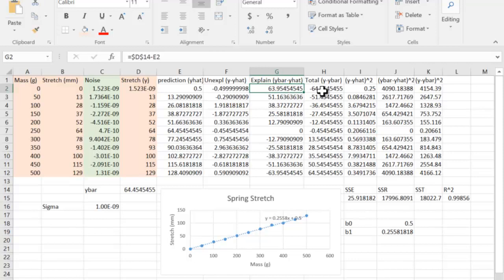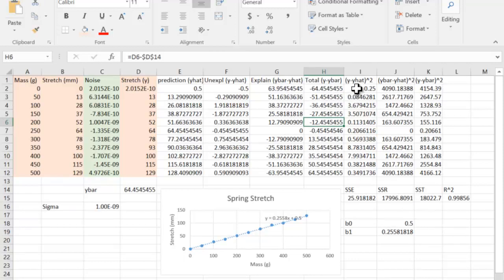And finally, the total variation is y minus y bar, the actual data minus the mean. So a formula like this is taking values from column D, the actual value, minus cell D14, the mean. And if you look across a row, it should be the case, and is the case, that the unexplained variation plus the explained variation equals the total variation.